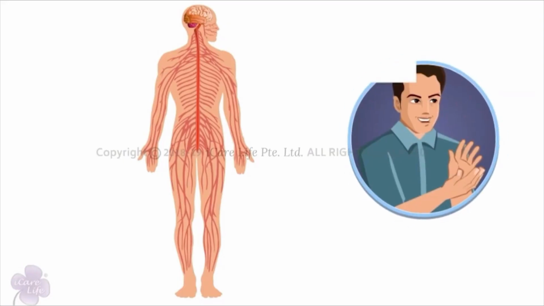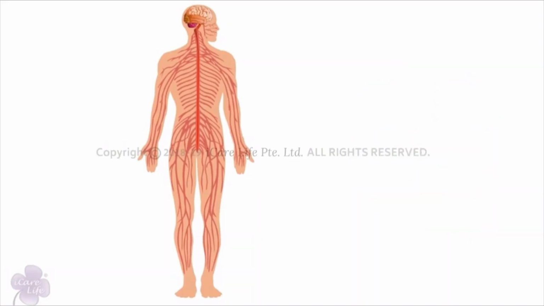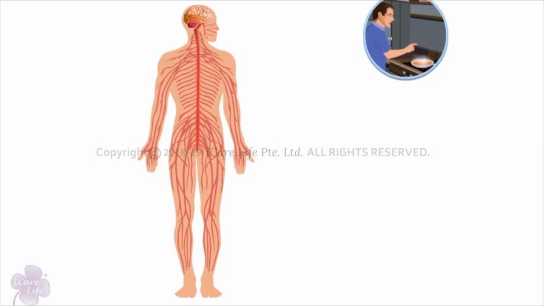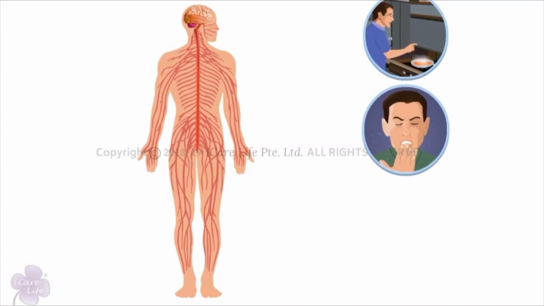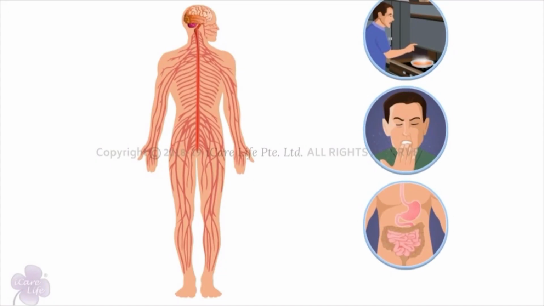The nerves in the autonomic nervous system cause actions which we do not consciously control. These actions do not involve the brain and are controlled by the spinal cord. For example, a person removing hand from a hot object, sneezing, or the process of digesting food.